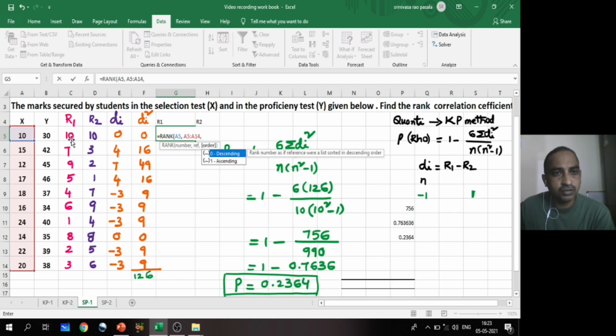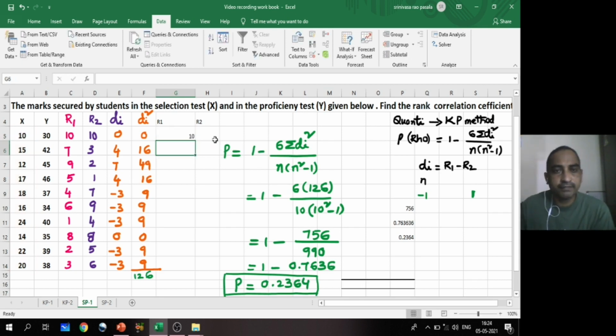As we just did in allocating the ranks, the highest marks will be given the highest rank, right? So that's why it's better to select descending order. So I put 0, right? Then press enter, right?